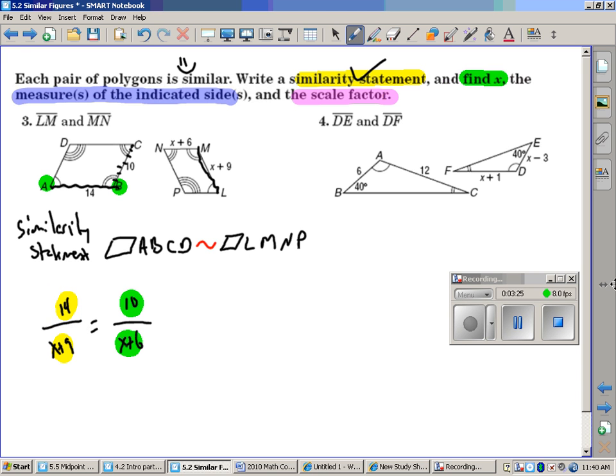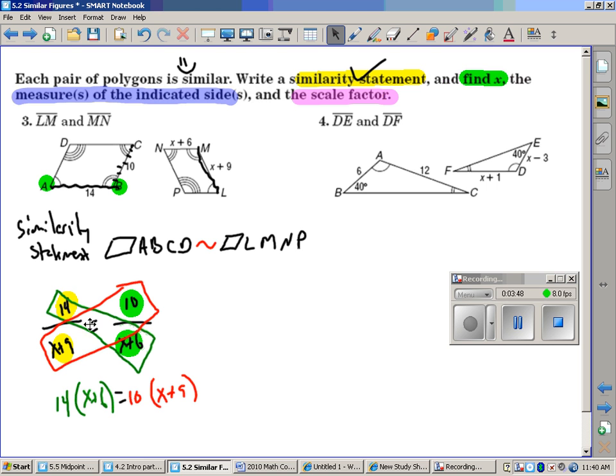I'll then simply multiply cross products: 14 times x plus 6, and set that equal to these two. This is called the cross products property, or the means extremes property of proportionality.